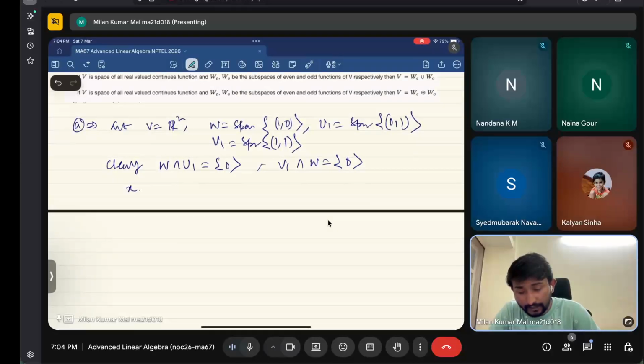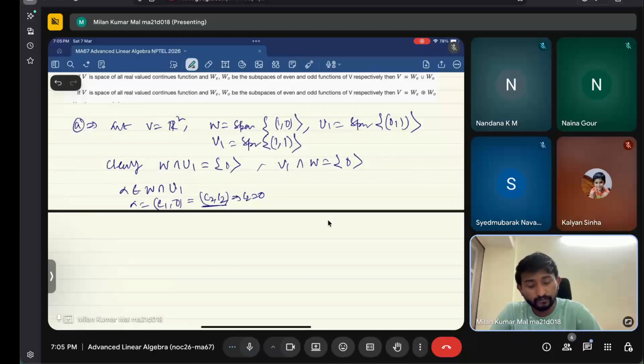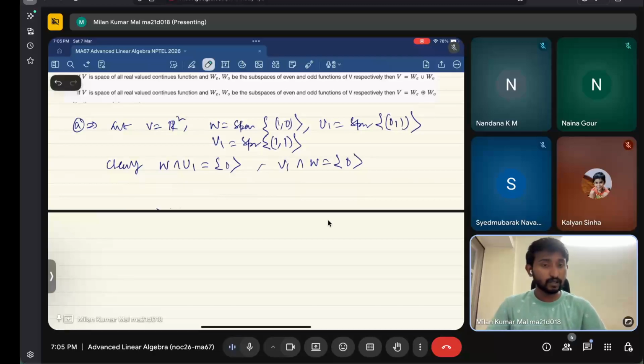If an element alpha is in W intersection U1, then alpha is something like (c1, 0) as an element in W, and as an element in U1 it will be (c2, c2). If these two are equal, that would say c2 equals 0, and once c2 equals 0, this will be completely 0, and that will force c1 equals 0. I just want to say that W intersection U1 is equal to 0.